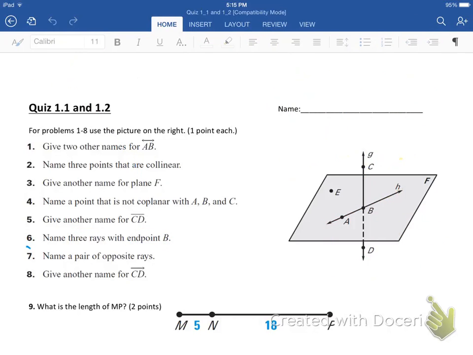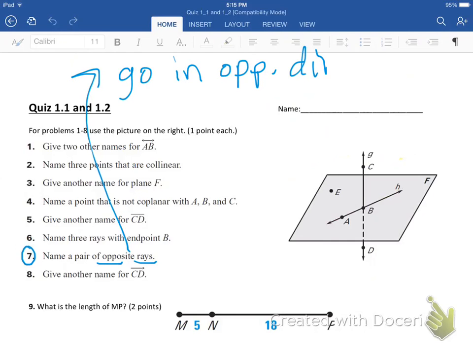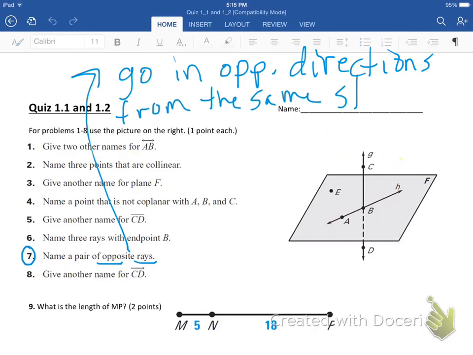Okay, number 7. Name a pair of opposite rays. What that means is they go in opposite directions from the same starting point. So we've got to find rays that we can name.